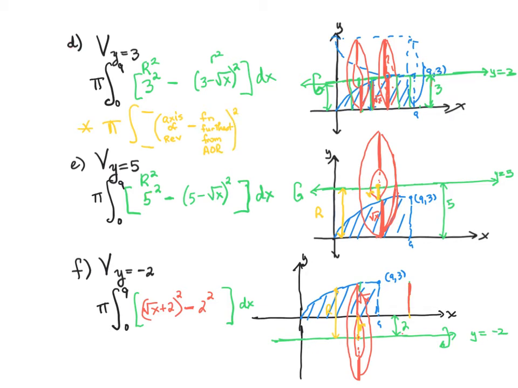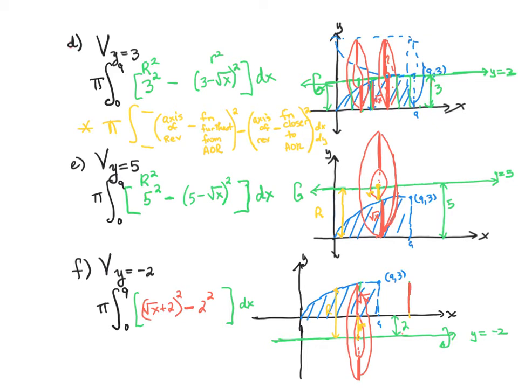Minus the axis of revolution minus the function closer to the axis of revolution, squared. And whether it's dx or dy, that's up to you, depending on a vertical or horizontal rectangle.